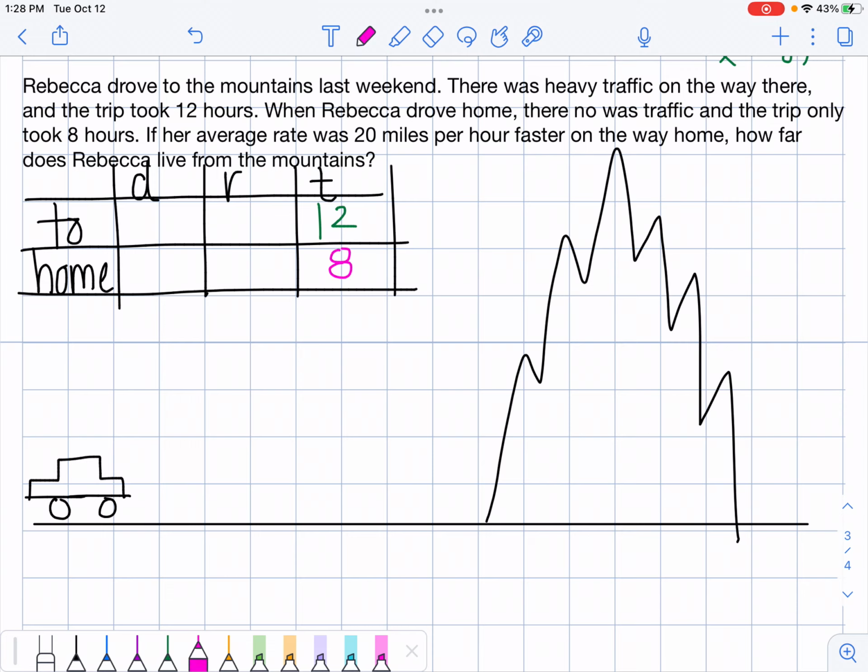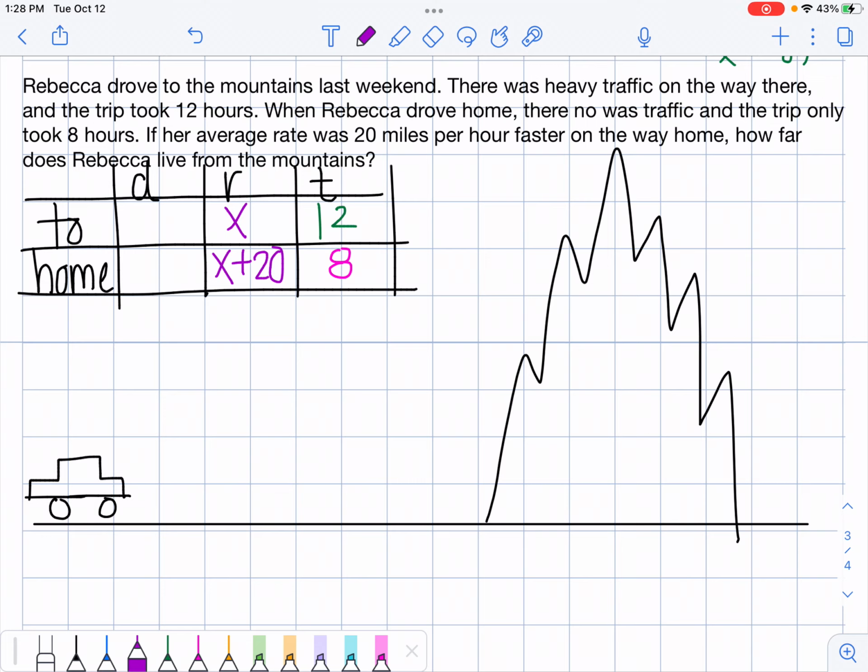Okay, we got that part. If her average rate was 20 miles per hour faster on the way home, we don't know her speed on the way there. But on the way home, whatever her speed was, it was faster, plus 20. How far does Rebecca live from the mountains?